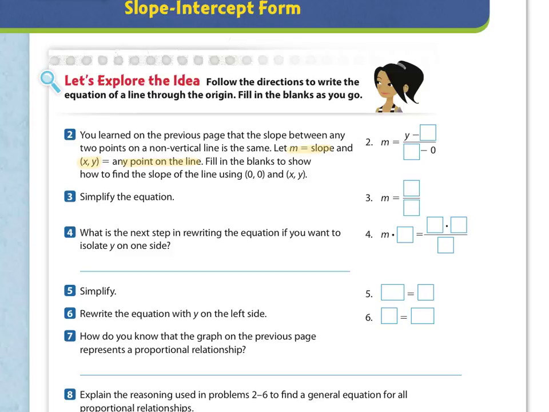Okay, so my first point is 0, 0. So I want to label that x1 and y1. What is my second point? Renicia.